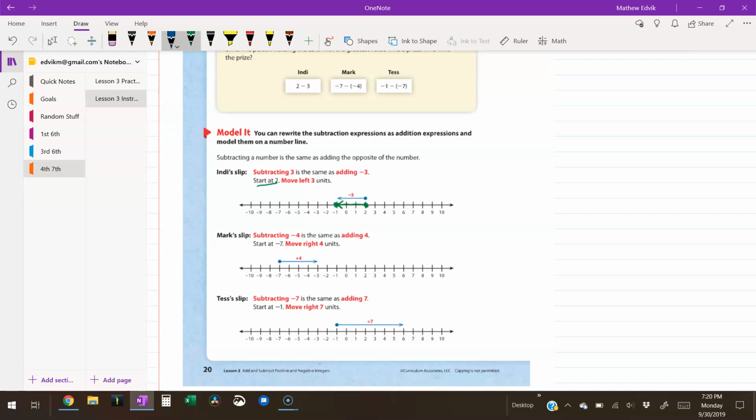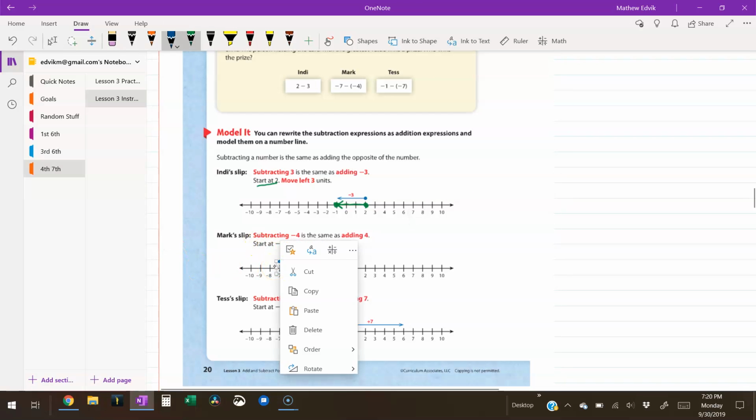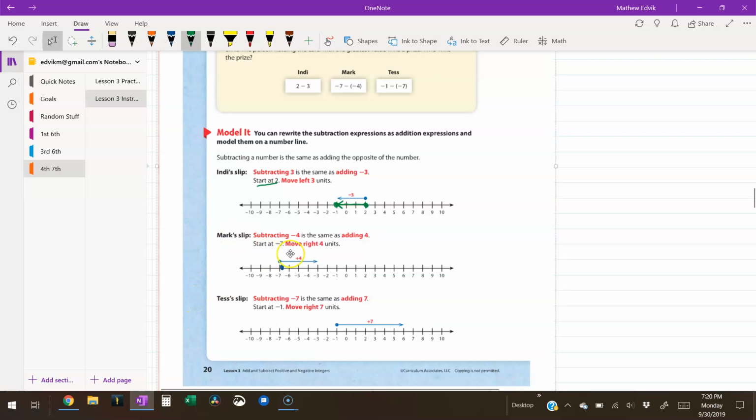and Mark starts at negative 7. So he starts at negative 7 right here. And so it says subtracting 4. So negative 7 subtract a negative 4. So subtracting negative 4 is the same as adding 4.